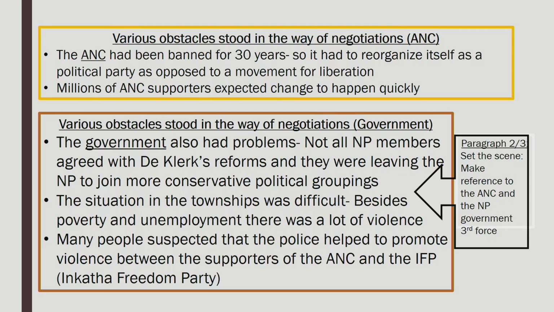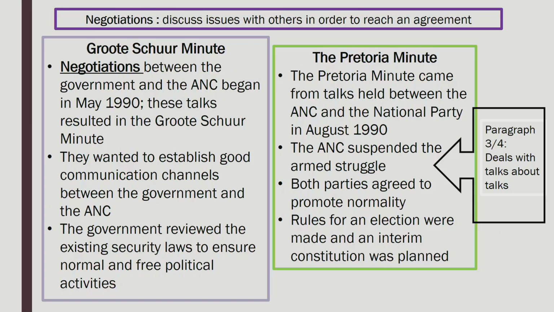You go on to say that the situations in the townships were difficult. Besides the poverty and the unemployment, there was a lot of violence. Many people suspected that the police helped to promote violence between the supporters of the ANC and the IFP, namely the Inkatha Freedom Party. You'll remember from class that your teacher would have spoken about the third force that was operating on the part of the government.